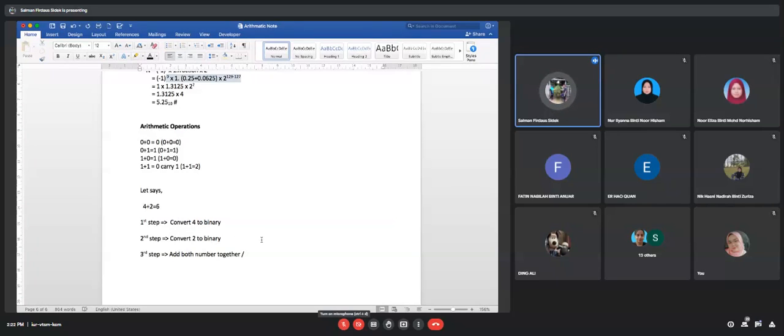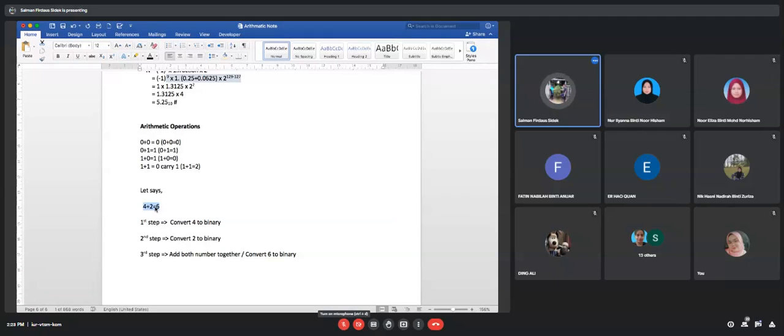Let's say the thing that crosses your mind for the first step is convert 6 to binary. I know some of you will think like this. So please change your mind. This is not the right step, because the point here is we want to do the calculation. You need to show the calculation, not only represent the answer in binary, because the question and the answer are given.